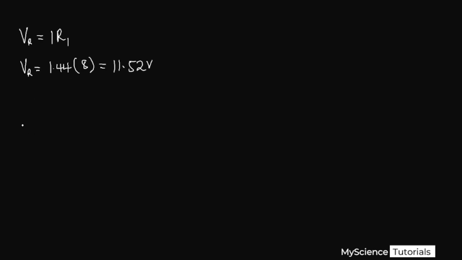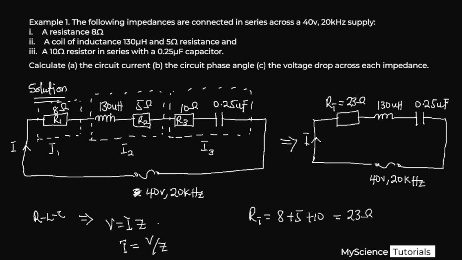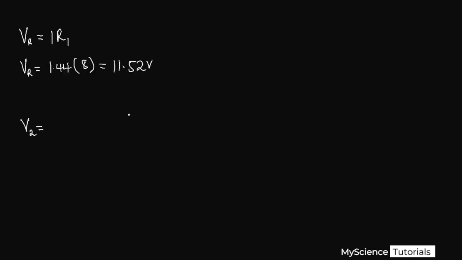Now for impedance 2, the voltage drop across impedance 2. If we look at impedance 2, we realize that we have an inductor and then a resistor. So to do that, our voltage will be equal to I, which is our current, multiplied by impedance 2. Now what is our impedance 2?